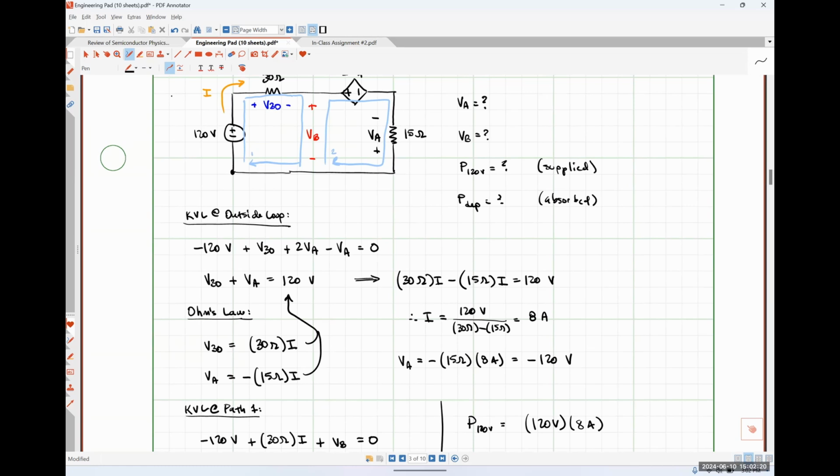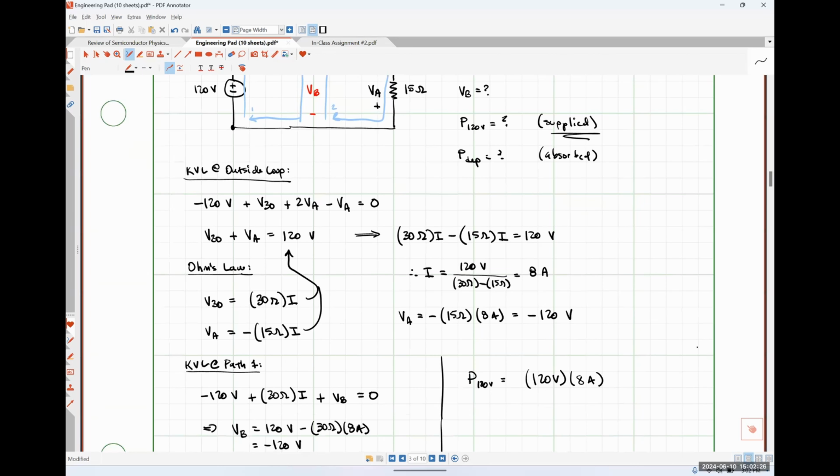Into the negative. So it's flowing into the negative, and we're calculating supplied power, which means we don't need to worry about changing the sign here. So we're just going to have 120 times 8, or 960 watts. Okay.